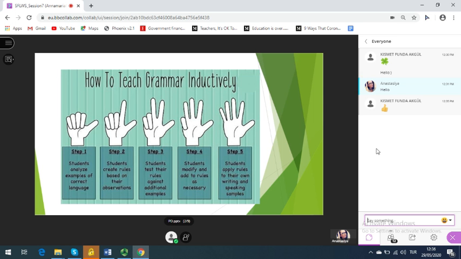So in contrast to deduction, induction means introducing into something, and this is an analytical method, while deduction is synthetic. In it, students are invited by the teacher to observe and analyze some morphologies, as in our case, of the language, and then try to find the rule by themselves.